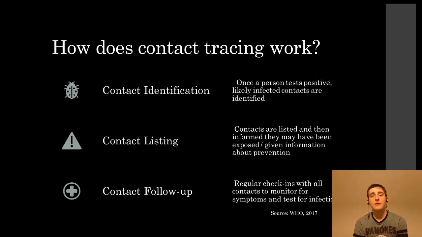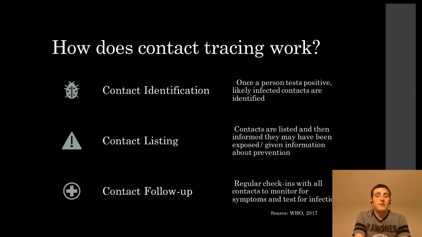Now, you might be wondering, okay, what if I forget I've been around this person? That's where automated contact tracing will come in later. So then a health professional lists out the people that the patient mentioned, and then they contact those people, confidentially of course, and tell them they may have been exposed to an infectious disease.